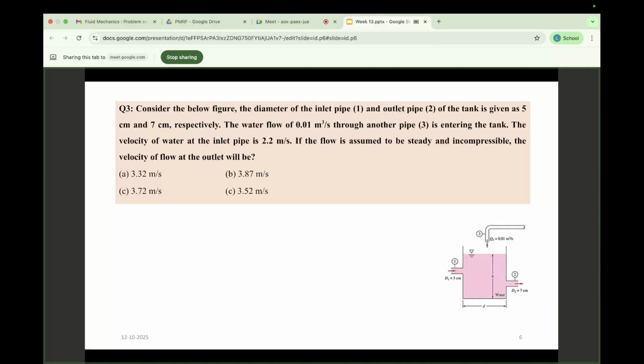Now, an extensive property is a property that depends on the size or the amount of the system. If I talk about mass or volume, say I take one bucket of water, and after that I take a glass of water from it.